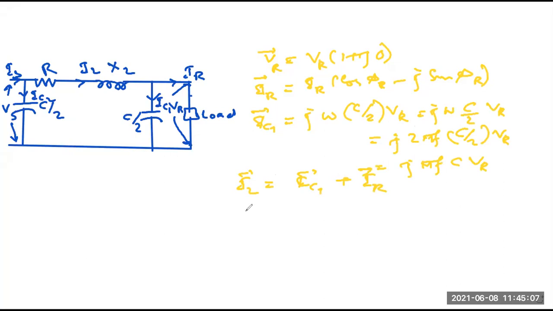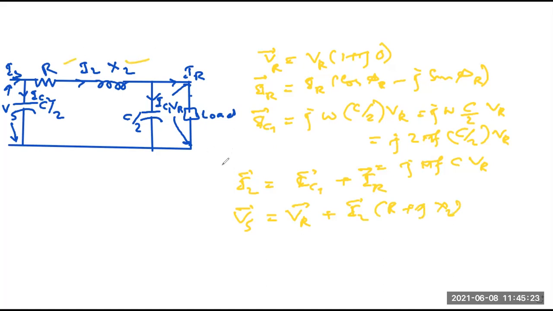So VS you have to calculate now. VS equals VR, the receiving end voltage, plus IL into R plus JXL, this drop.